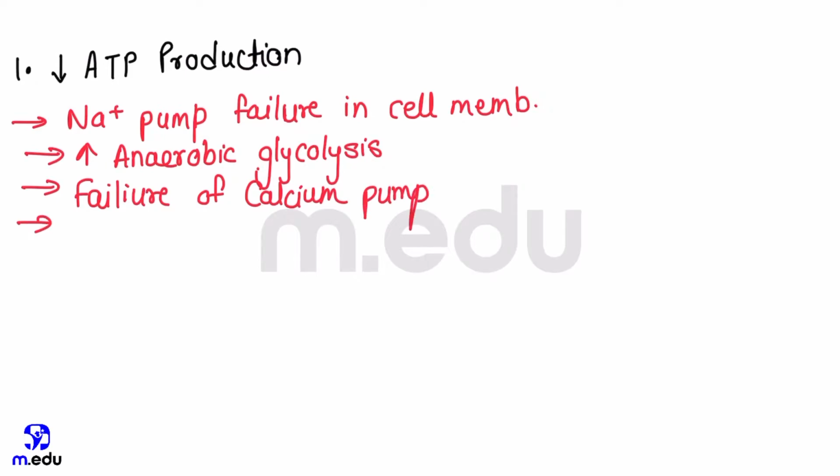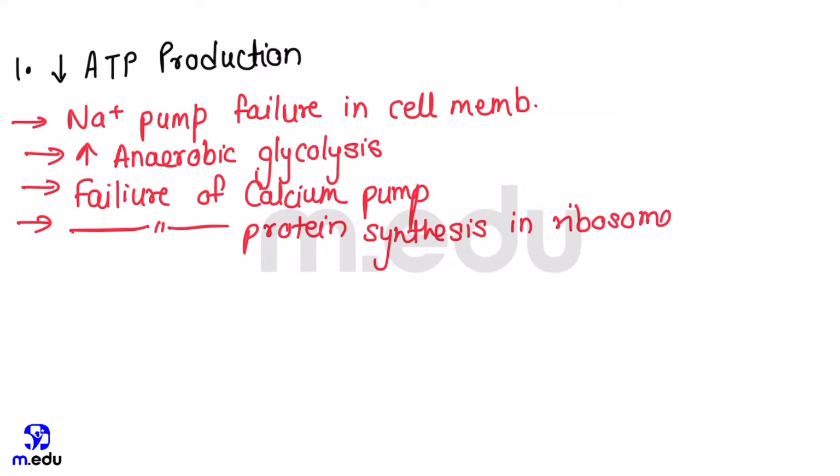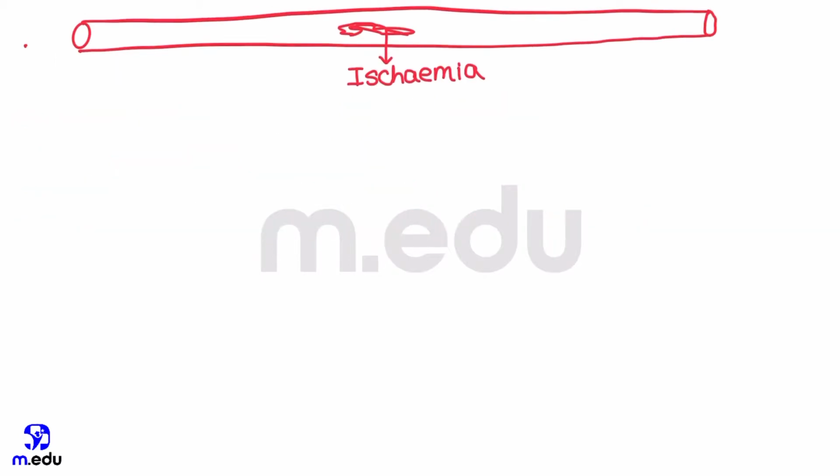And fourth and finally, there will be failure of protein synthesis in ribosomes. Now let's understand in depth how it happens.